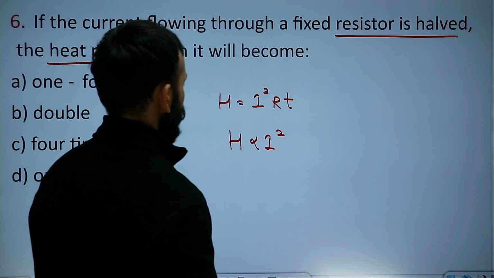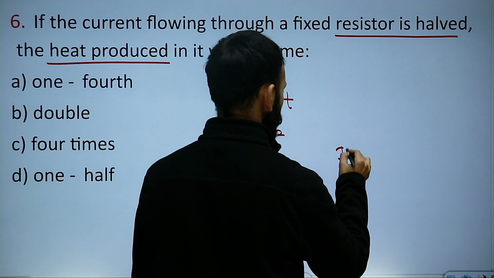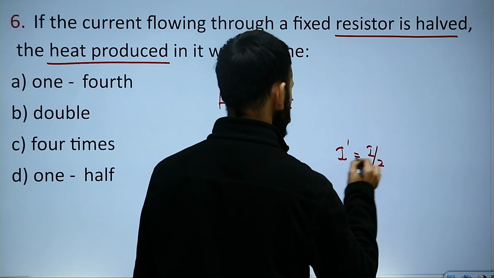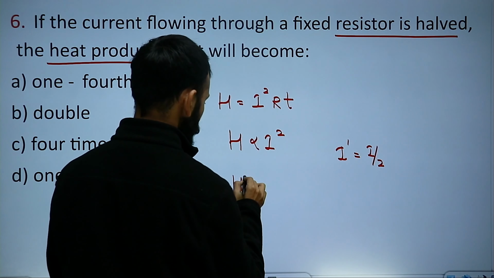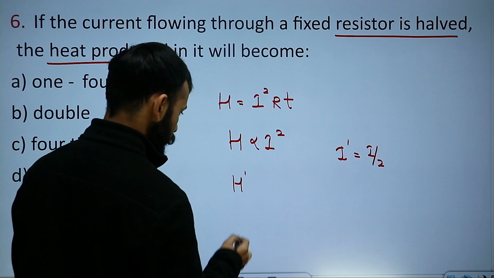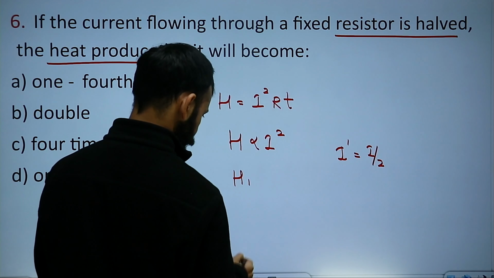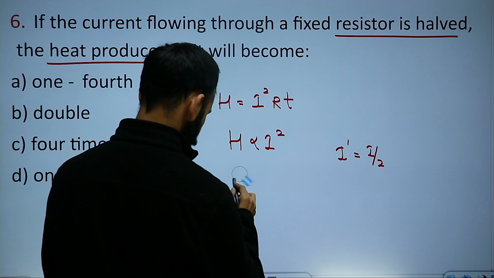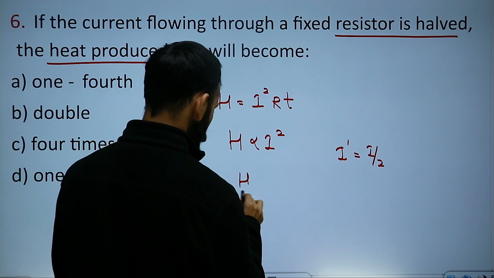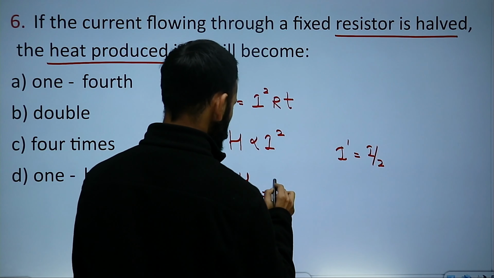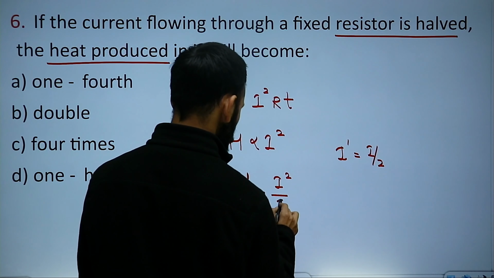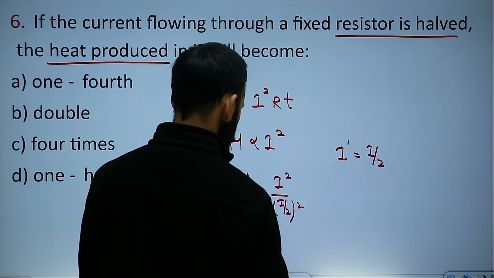If the current is halved, the new current will be I by 2. So H upon H dash will be equal to I square upon I by 2 whole square.